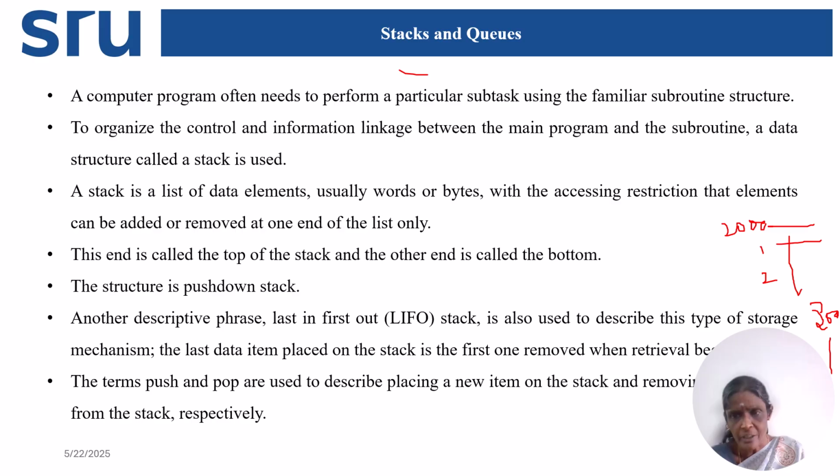When it faces a RET, the control automatically ends the subroutine operation, goes back, and resumes the original main program. While facing this RET instruction, the control has to go to 2002, and this 2002 memory address it would forget.